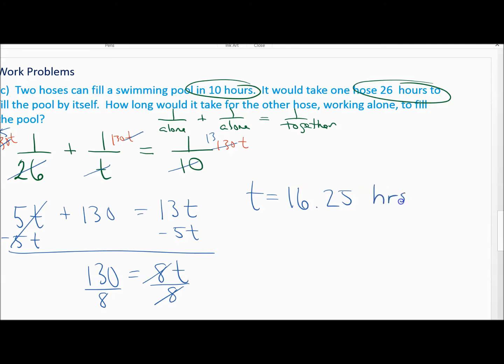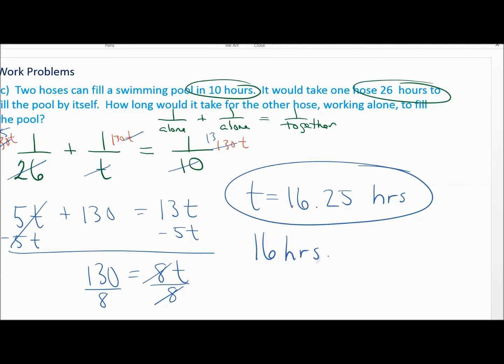So this is in hours. So that would be an appropriate answer unless it wanted to know hours and minutes. So if it wanted to know hours and minutes, we know the 16 hours, the whole number part, but we would have to take the decimal part, 0.25 hours, and change it to minutes by multiplying that by 60 minutes.